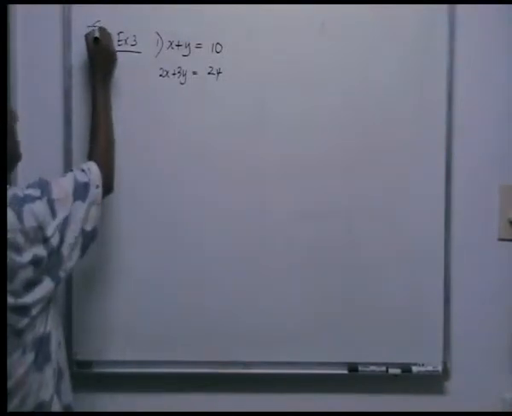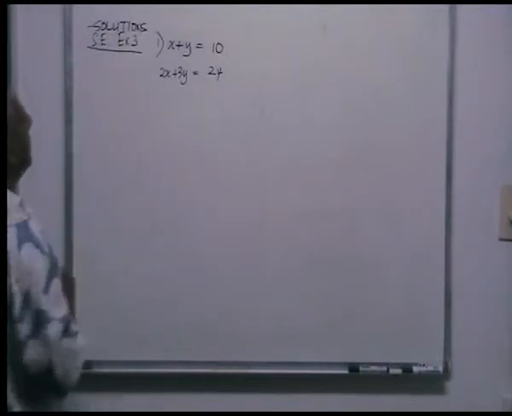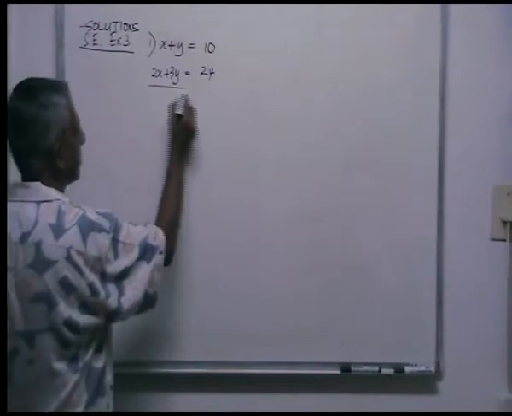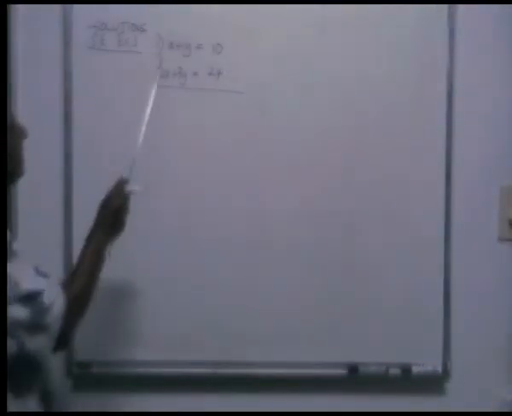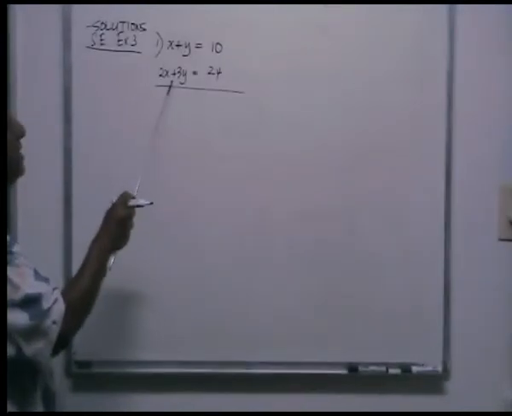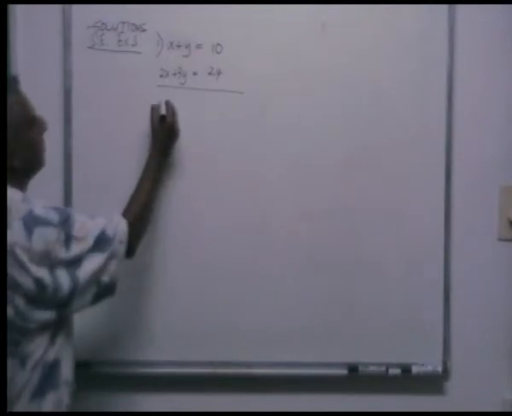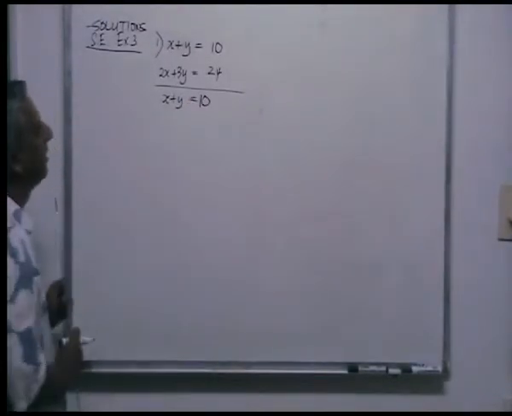Right, so now we're providing you with the solutions to exercise 3. So there's your first equation if you want to solve it. Now what we want to do is use the method of taking the first equation and putting it in the second. So we take the first equation and write it down. So x plus y is equal to 10.